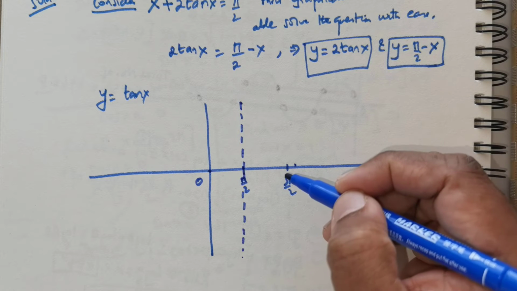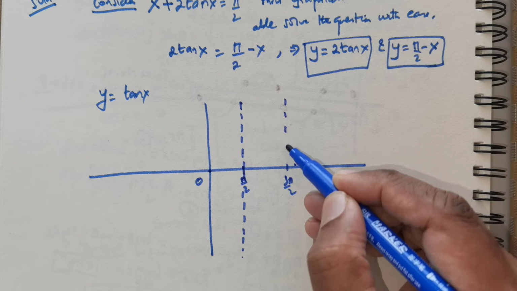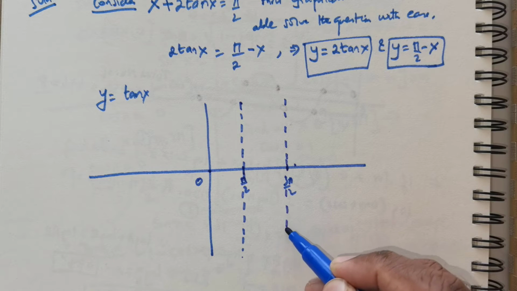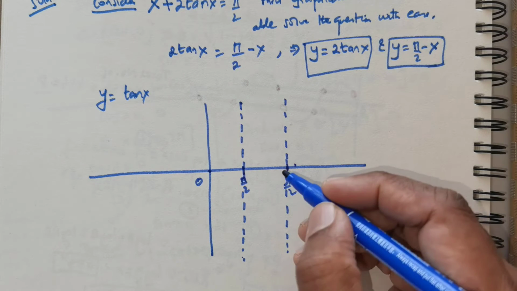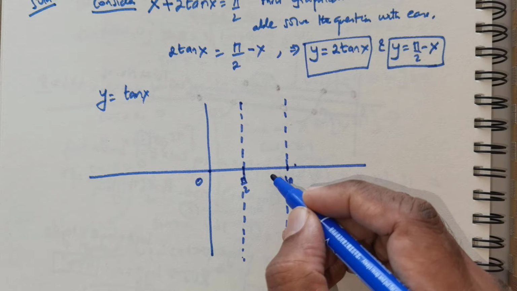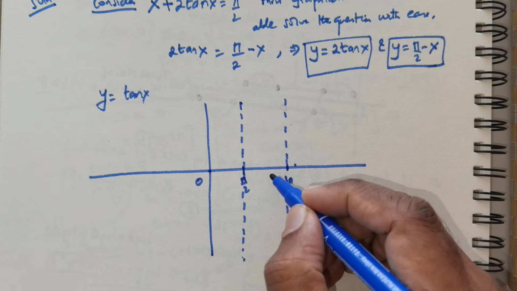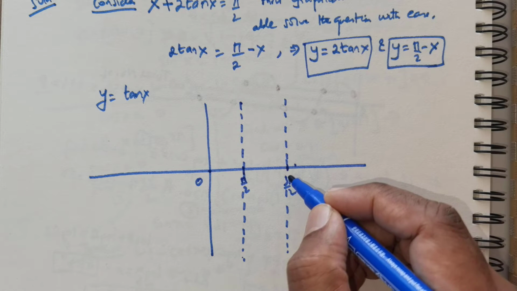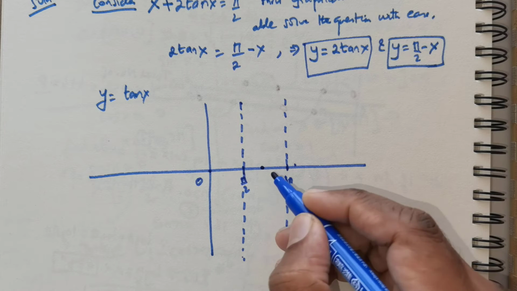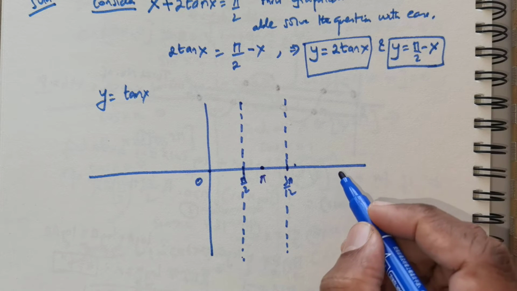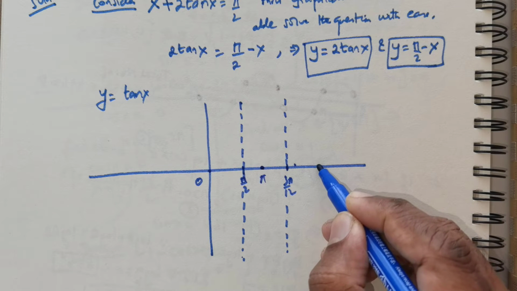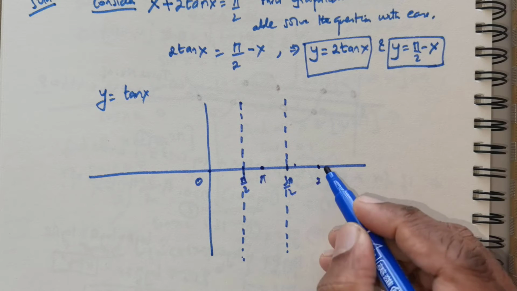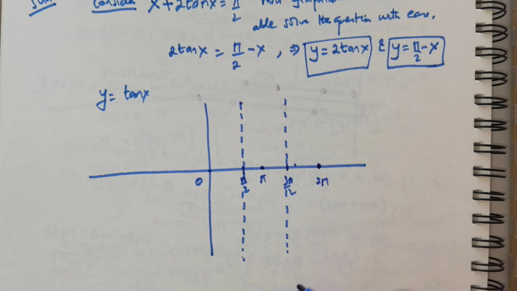This is the first step you have to do: plot the points and then draw the asymptotes. After you have drawn the asymptotes, you then plot the points where the graph intersects the axis. Clearly between pi over 2 and 3 pi over 2, there is a hit on pi. And after 3 pi over 2, you have 2 pi. So this is 0, pi and 2 pi. Make sure that you have the point 2 pi there.